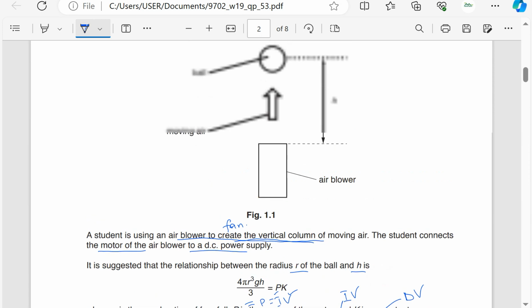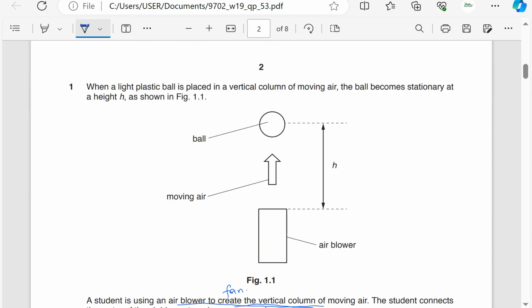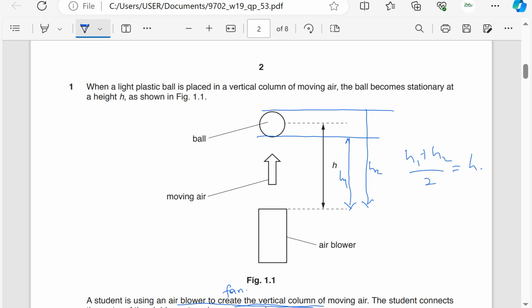For this ball which is moving upwards, it is hard for me to measure up to the center. So I think for this particular experiment, it is easier to measure h from the bottom to the air blower, and I measure h to the top of the air blower. So if this is h1 and this is h2, it is easier for me to see that h1 plus h2 divided by 2 will give me the best value of h.